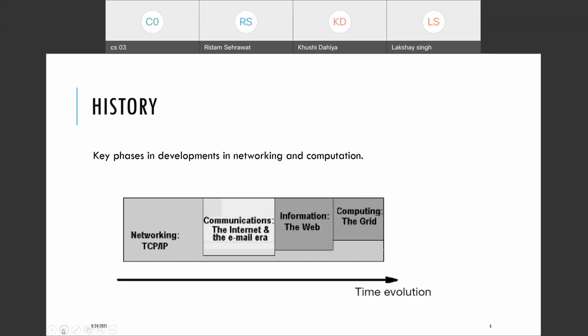Whenever you are transferring data from one system to another in a network, the TCP/IP protocol tells us how the information is transferred. If you remember, in the IP protocol you have studied IP versions like IPv4 and IPv6.